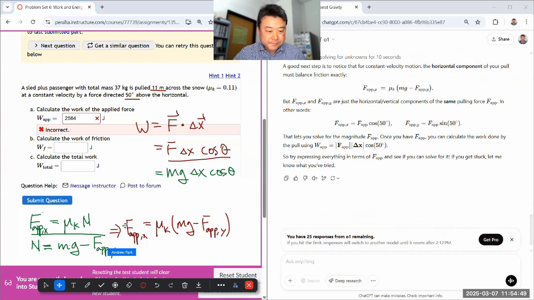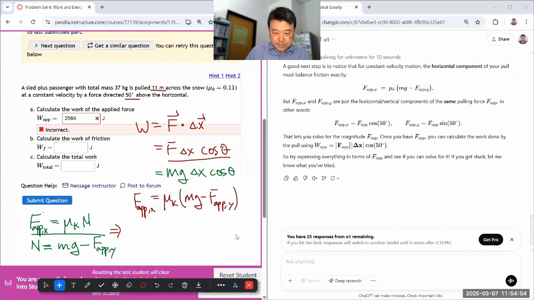I will plug in f cos theta is equal to mu k mg. I'm separating these out, minus mu k f sine theta, and doing the algebra in my head, which is a bad habit.